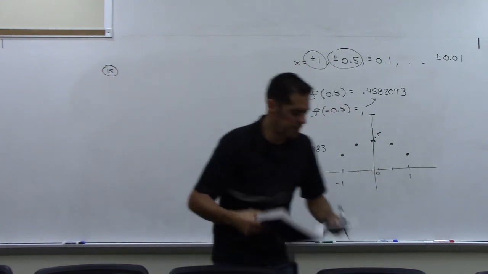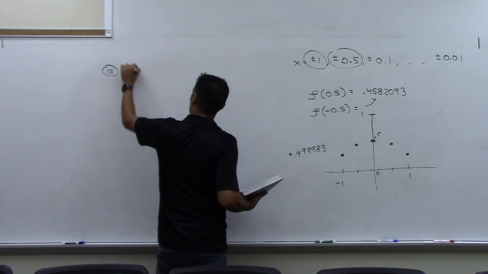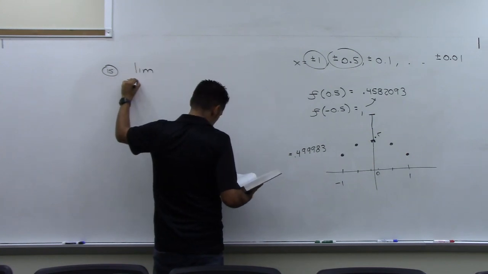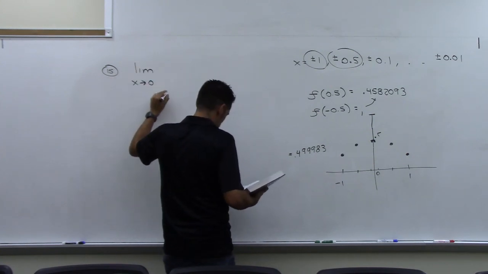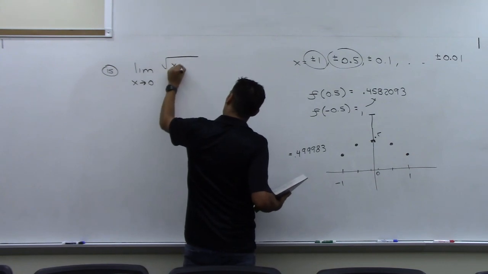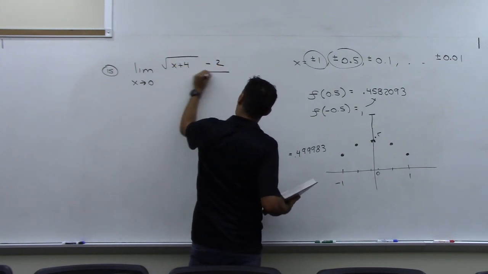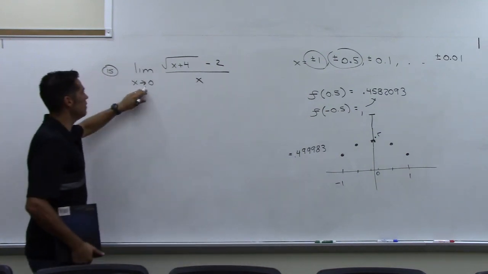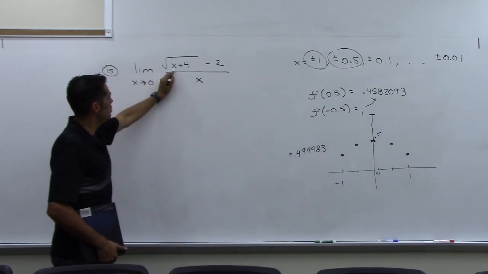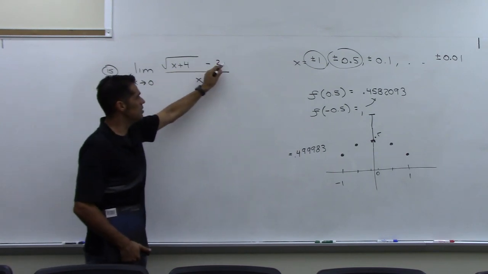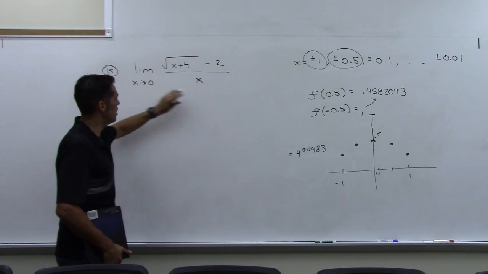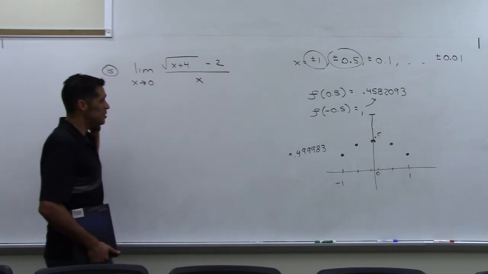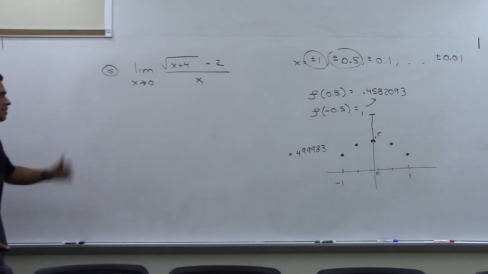You're trying to find the limit as x approaches 0 of square root of x plus 4 minus 2, over x. If you try and plug 0 in here, 0 plus 4 is 4, square root of 4 is 2. 2 minus 2 is 0, so you get 0 on top and 0 on the bottom. So at 0, it's undefined.